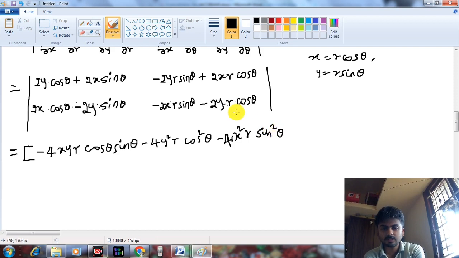Second term with second term, minus 4xy into minus 4xy r sin theta cos theta sin theta.